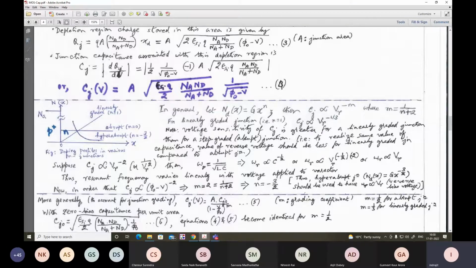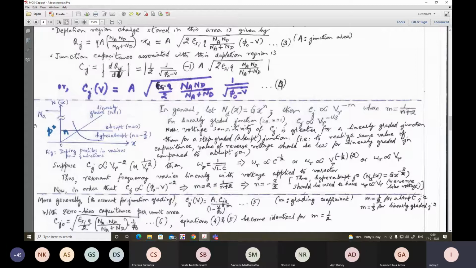For this we can make a comment: voltage sensitivity of Cj is greater for a linearly graded junction than for a step graded abrupt junction. Where you need to vary the capacitance, this is made use of, particularly in radio tuner circuits, where the frequency of oscillation is based on the capacitance, and this capacitance is determined by the reverse potential of the PN junction.